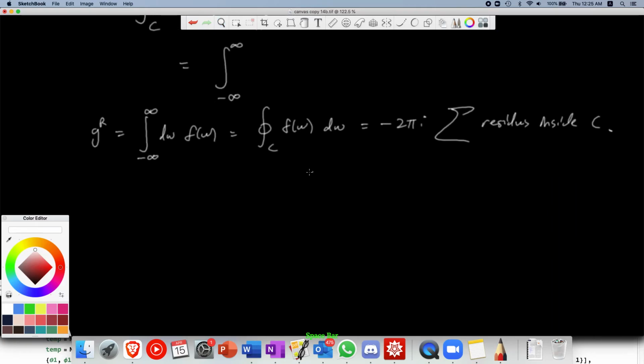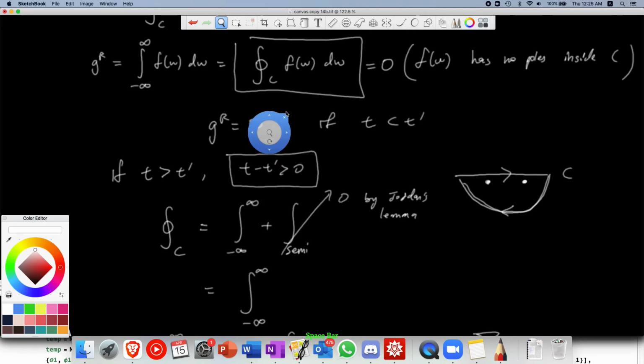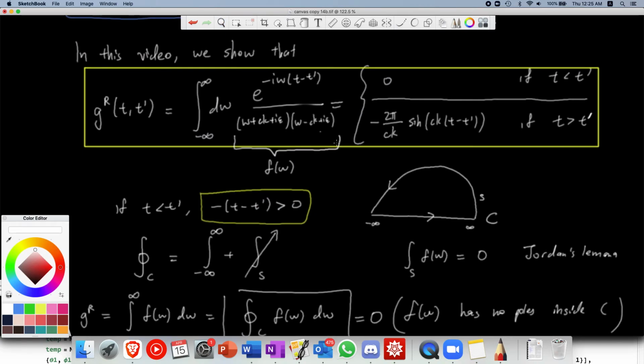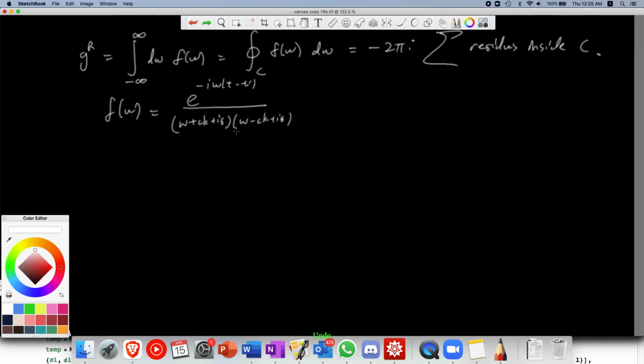Okay, so how do we compute the residues? Let's first write down the form of f, taking it from above. A reminder that this formula is just this over here; I'm just rewriting it for ease of reference. So what do we have?